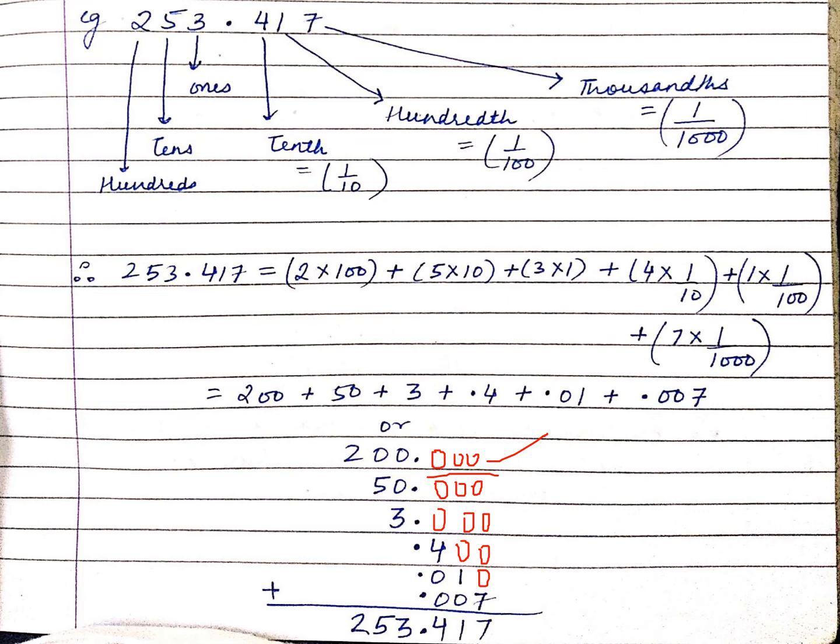So you can place as many zeros after the decimal as you want. Okay. Now add it. All these 0 plus 7 is 7. All these 0 plus 1 is 1. All these 0 plus 4 is 4. Then we have the decimal. Decimal is here. 3 will come, 5 will come, 2 will come, and you can observe we have got the same number back. I hope you got this. With practice it will be more clear to you.